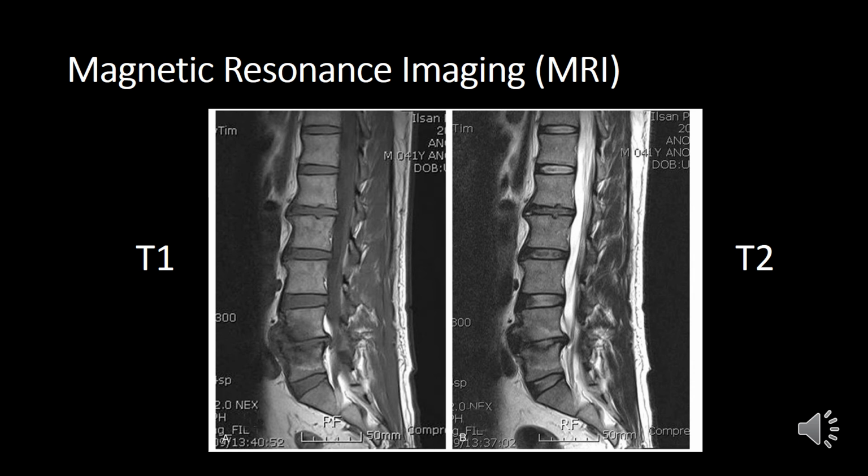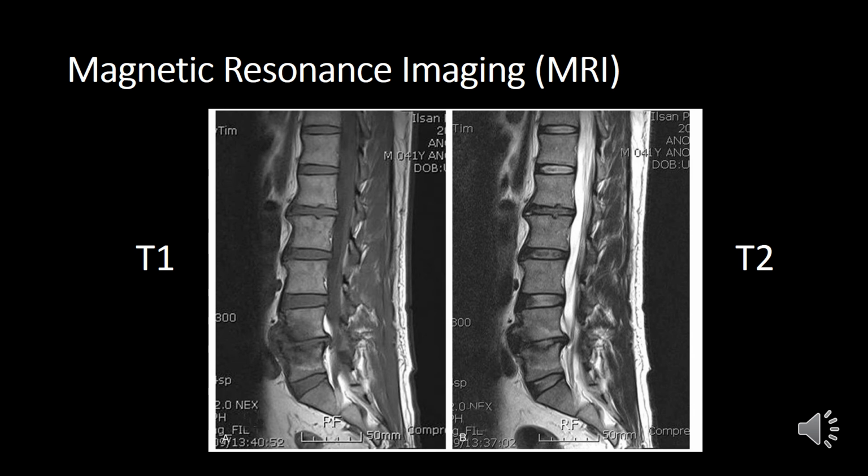Alright, so these are two pictures, both MRI, both a sagittal lumbar spine. So in MRI, there are various techniques to get different types of images. So the MRI tech had changed different parameters while scanning to make these pictures look different.